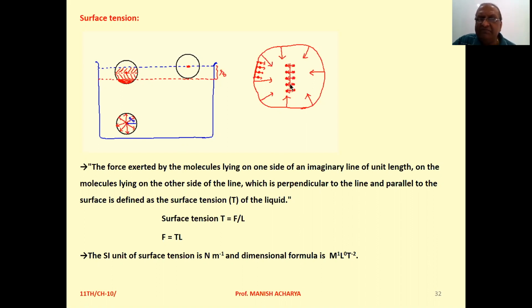On the free surface, if we imagine a line, an imaginary one, having length equal to L, then the molecules on one side of the line will exert an attractive force on the molecules on the other side of the line. This force is parallel to the surface but perpendicular to this imaginary line. So this force per unit length of this imaginary line is called surface tension.